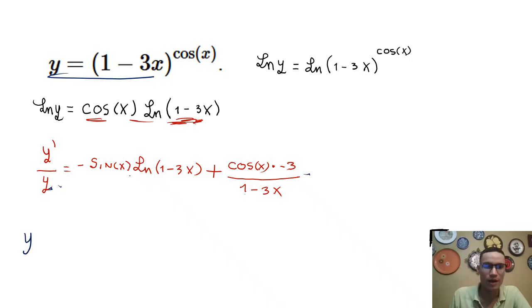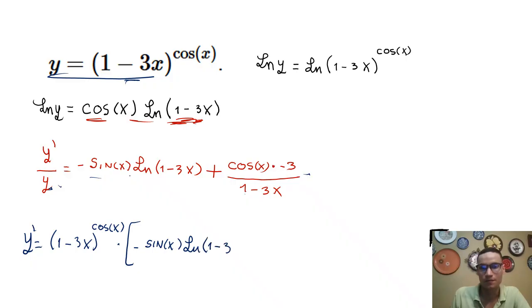So y prime will be equal to this y, 1 minus 3x to the power of cosine of x, times the other side, minus sine of x times natural logarithm of 1 minus 3x, minus 3 times cosine of x divided by 1 minus 3x. And this is the whole problem.